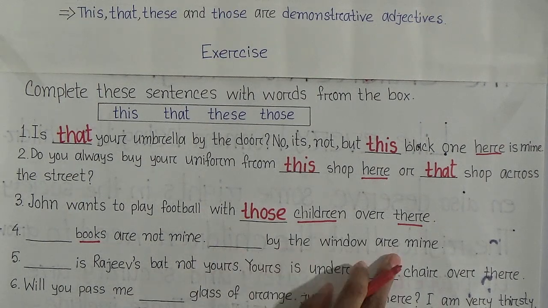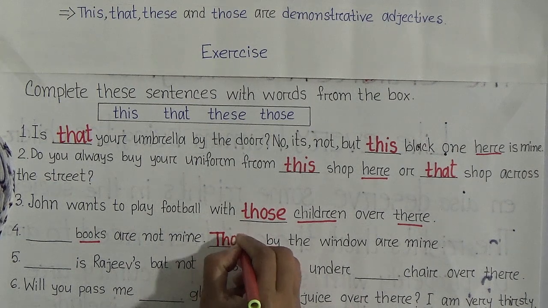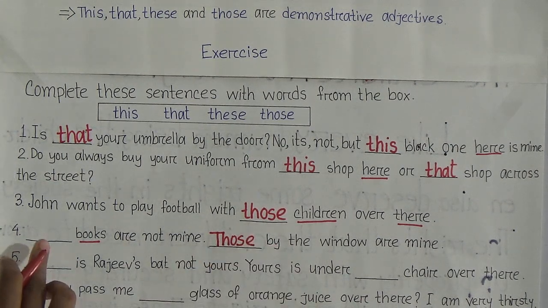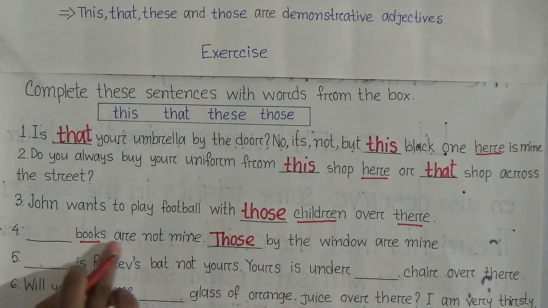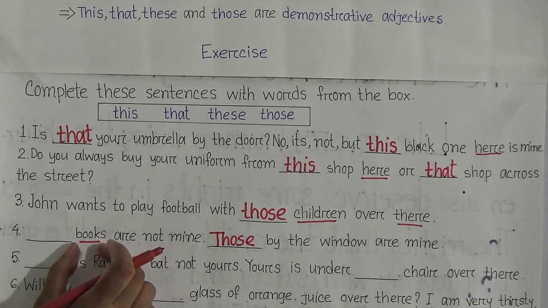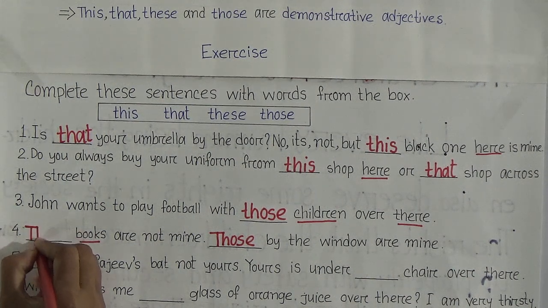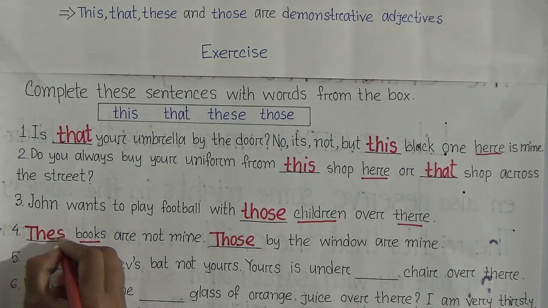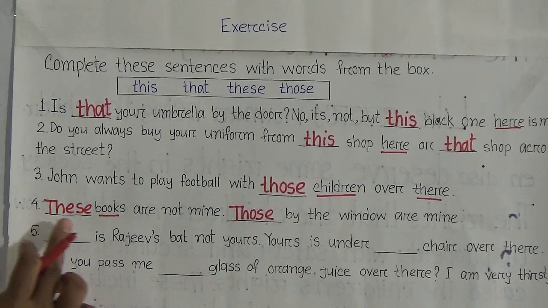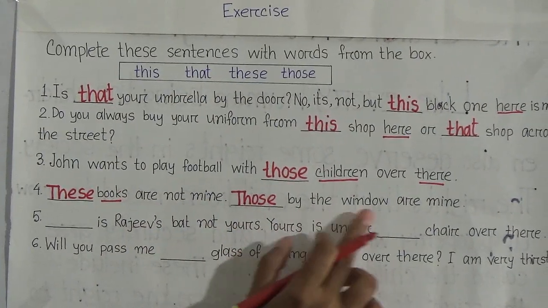Those by the window are mine. T-H-O-S-E, those. Now come to the first gap, dash books are not mine. As we are talking about plural things, so you have to use these. T-H-E-S-E, these. So these books are not mine. Those by the window are mine.